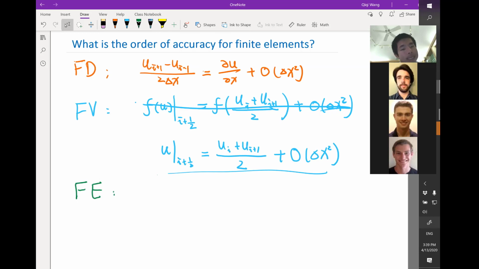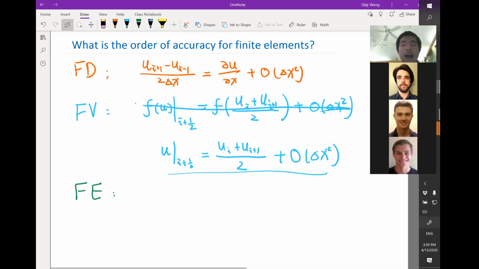It turns out the best way to analyze the accuracy of finite element is to look at how we actually approximated the problem. We approximated the problem by restricting ourselves, starting from a space of any function. The space of any function can be the solution, right? We started by looking at a solution among all possible functions. And then we restricted ourselves to the space of piecewise linear and continuous functions.